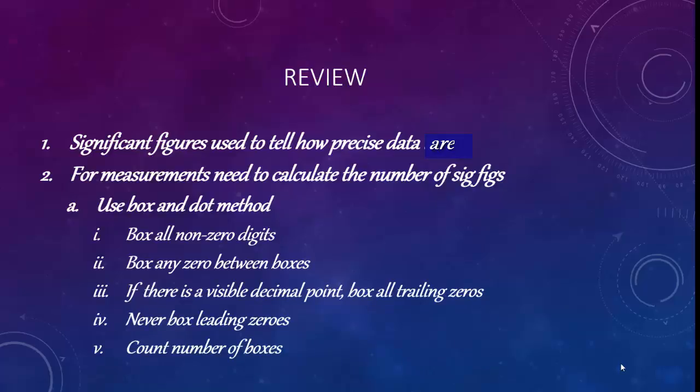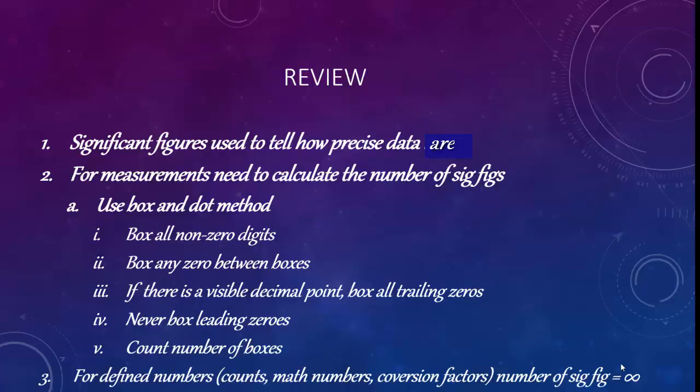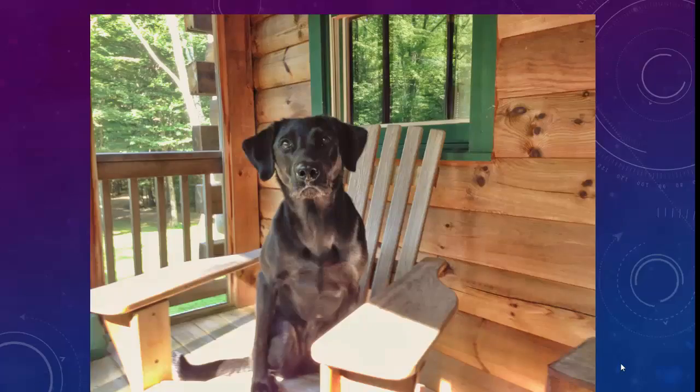Count the number of boxes. If you have a defined number, things like counts, math numbers, conversion factors, you have an infinite number of significant figures. That's all you have to do to count or figure out significant figures. In the next video, we're going to show you how we do math with significant figures, which answers the ever popular question, how many decimal points in the answer?